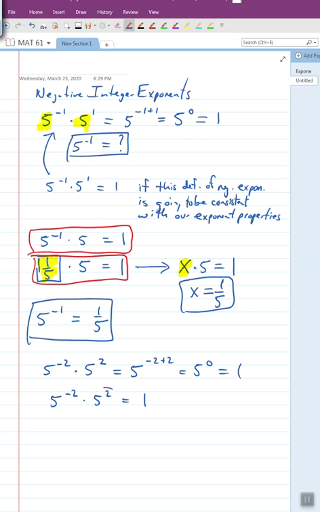What's 5 squared? It's 25. Okay, question. If that's true, what does 5 to the negative 2 have to mean? What's the number that you multiply times 25 and get 1?